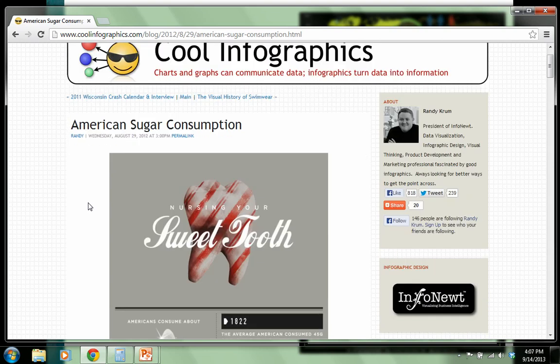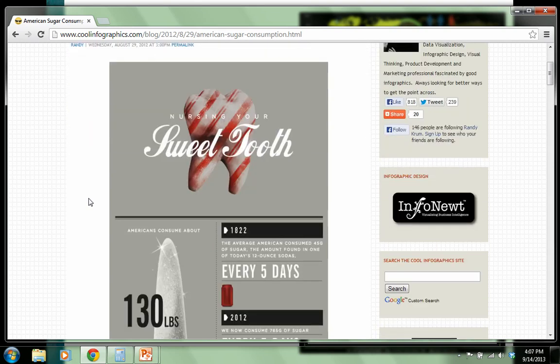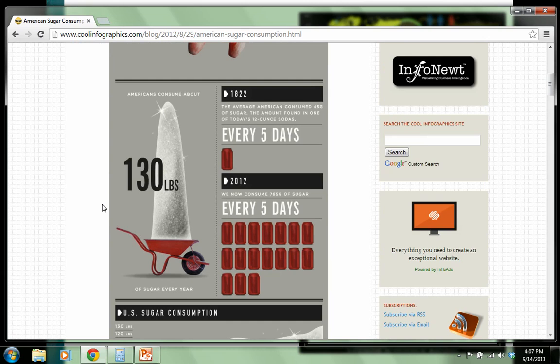It's about American sugar consumption. First of all, you'll notice a reddish color in much of what they show. They're essentially using the same color that is used on a Coke can. It's very visually pleasing, just awesome, in my opinion. It's a great way to share data.